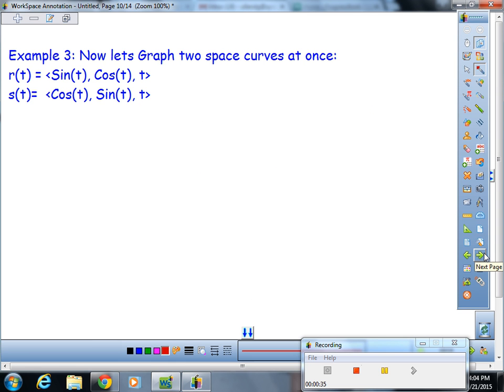Okay, so now let's try to graph two space curves at once. Space curves, how are they different than plane curves? Well, they have an i, a j, and a k. Notice I wrote these in a different format. Let's do t.